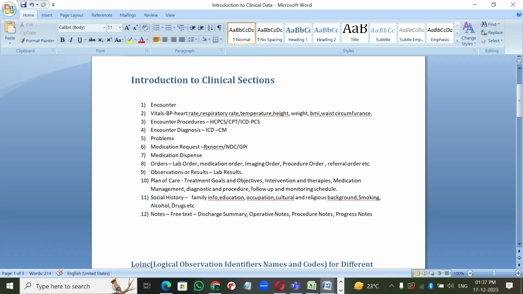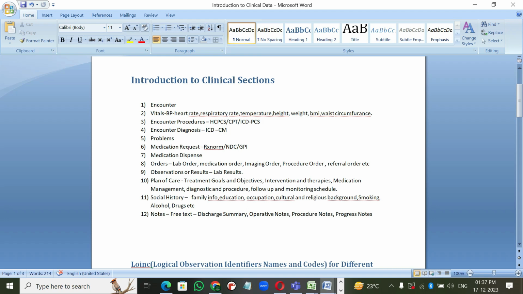So when the exchange of information happens, it is mostly done through HL7. There's another interoperability format called FHIR, but that is altogether a different topic. We'll learn about that as well, but in our later series.